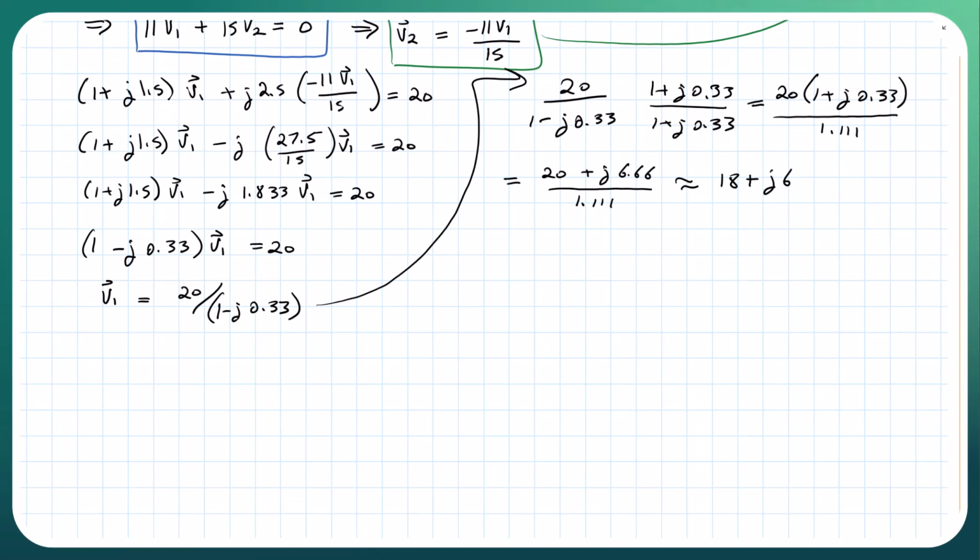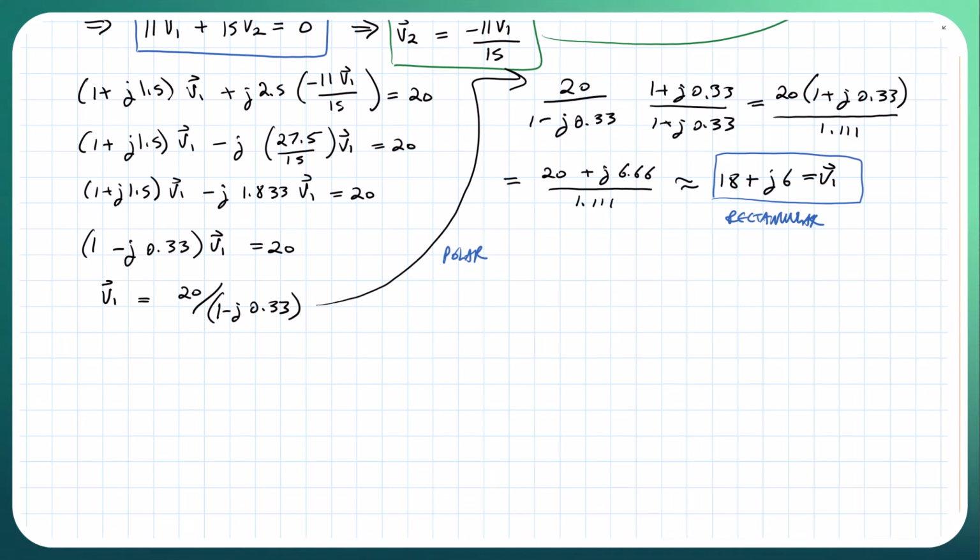So this is going to be our V1. Now this is in rectangular format. If we wanted to put it in polar format, we can highlight this here, rectangular, let's go to polar.